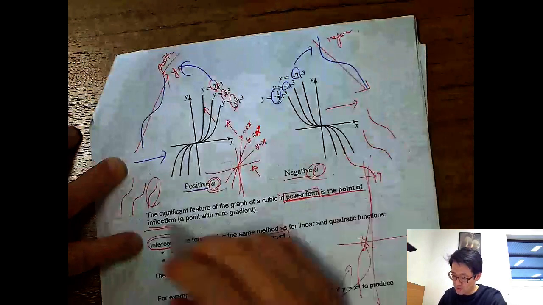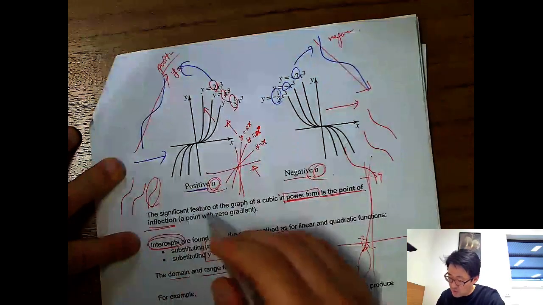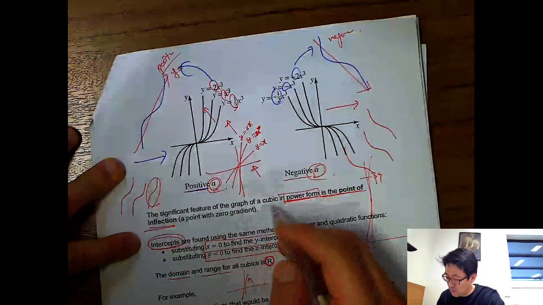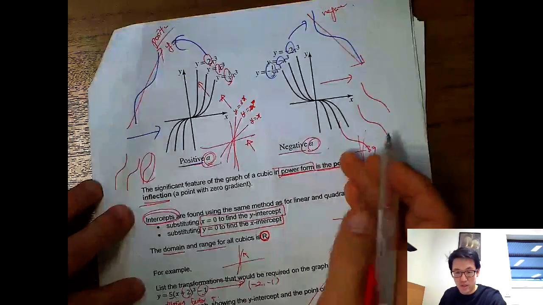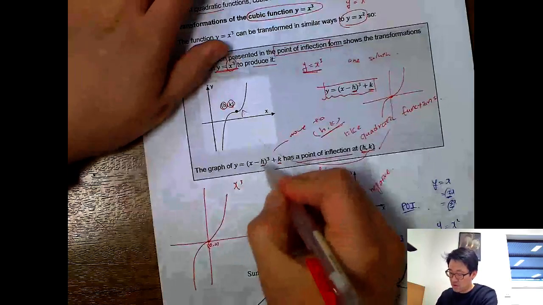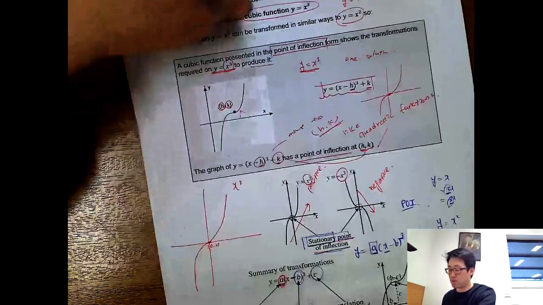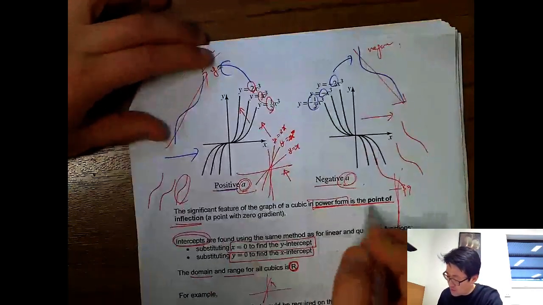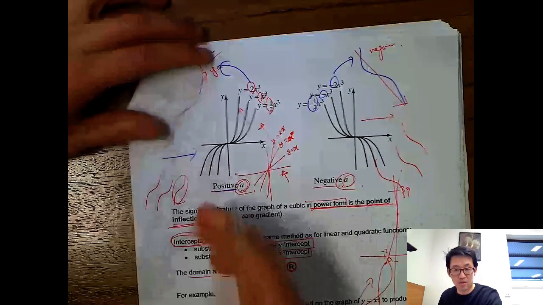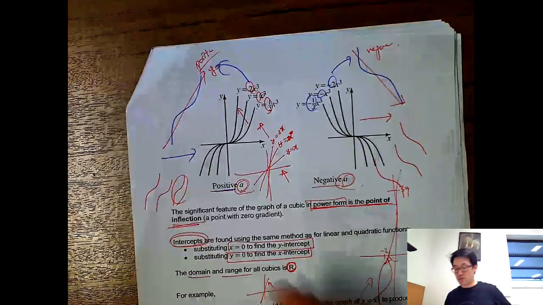Good. Hopefully you get used to the significant features of the graph of a cubic in power form: the point of inflection. We already did how they moved it, h and k, the point of inflection. So you've got the point of inflection. It's like the turning point, very similar.